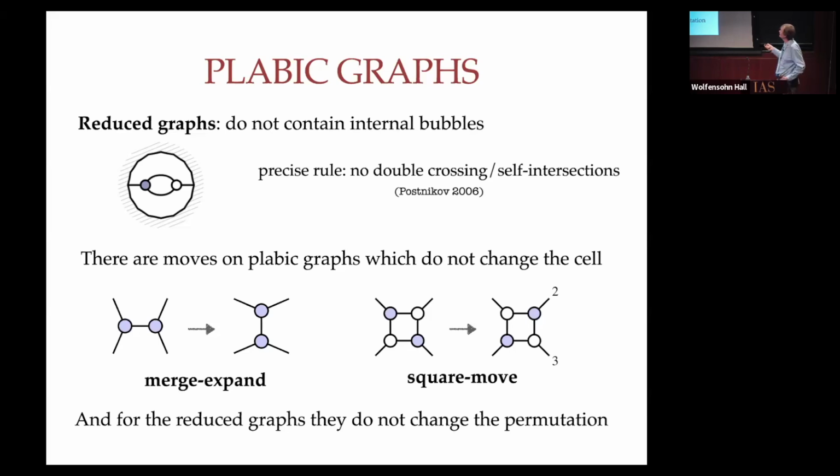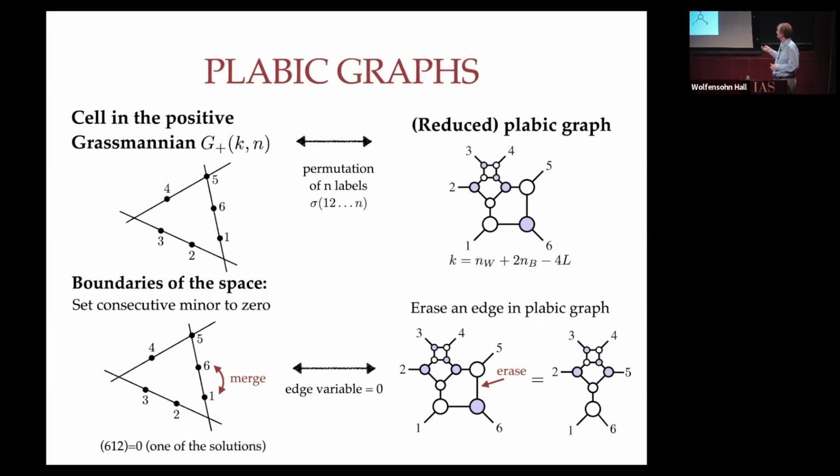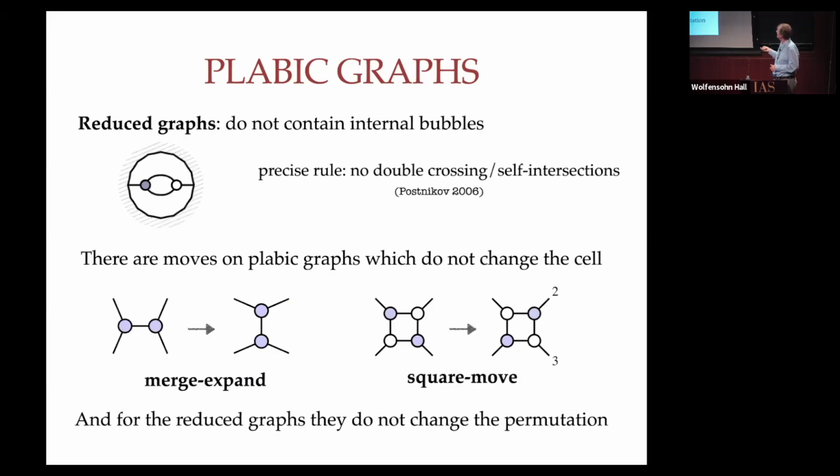And there is a precise rule for detecting that a given diagram doesn't have a bubble, because sometimes you can have an internal bubble, but then you use certain identity moves which don't change the cell of the Grassmannian, but they change the graph. It looks different, but it doesn't change the cell in the positive Grassmannian it corresponds to. The presence of the bubble cannot always be seen visibly, so there is a definite rule to tell if the diagram is reduced or not.